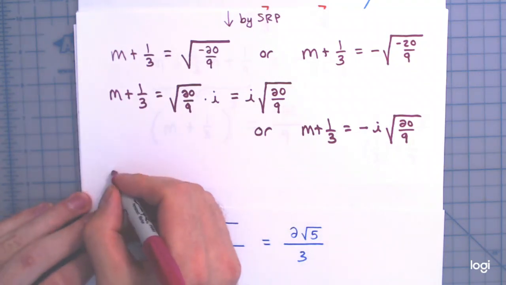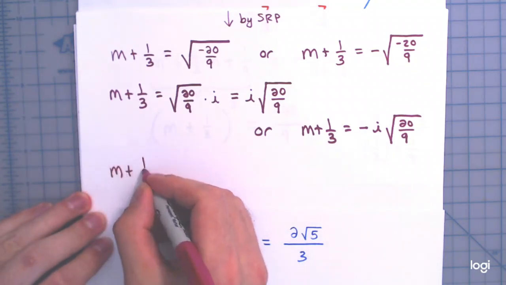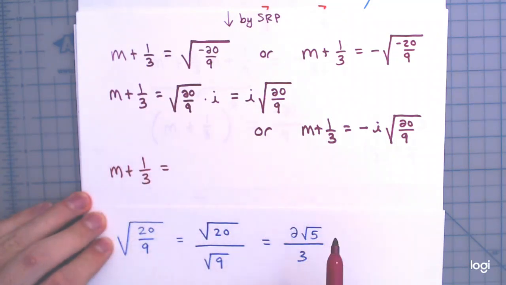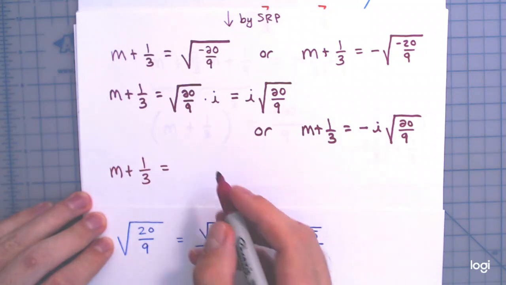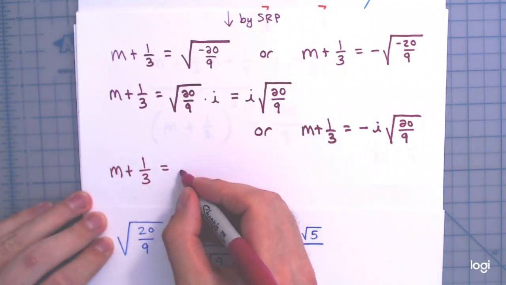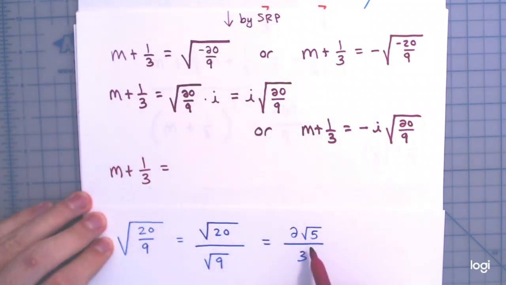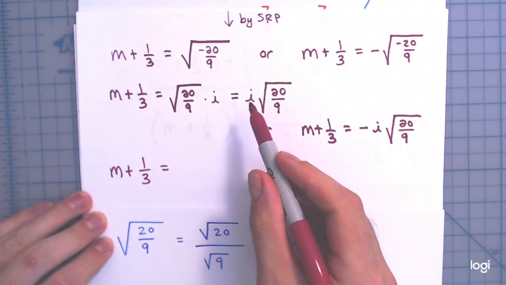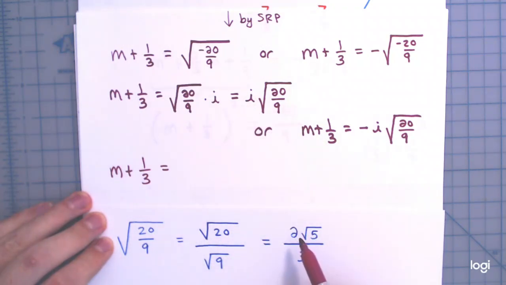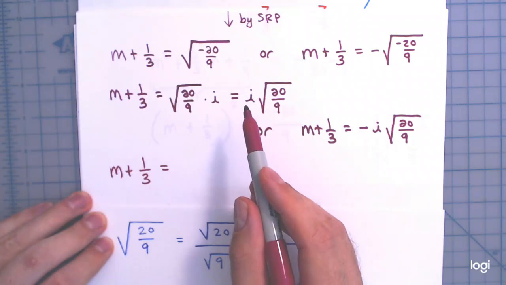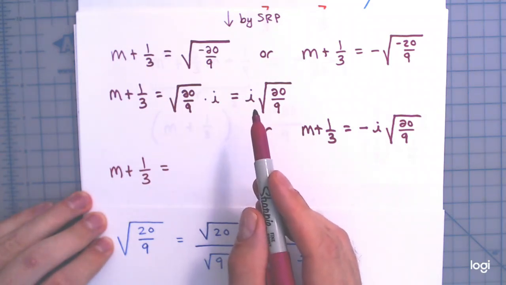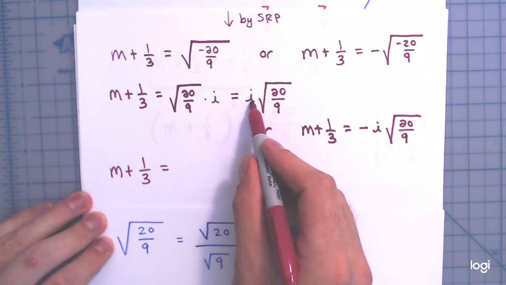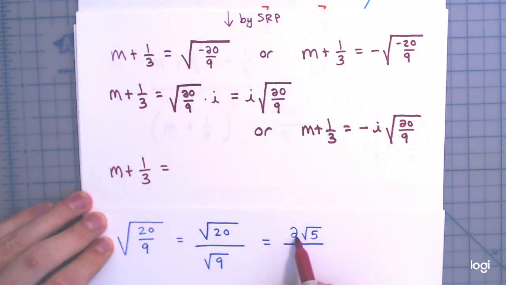So we have m plus 1/3 could be equal to i times this, which will put i in the numerator. This is like i over 1. Anytime there's not a denominator, you can think of it as 1. So I'm just going to put this factor of i in the numerator with this 2 and the square root of 5.